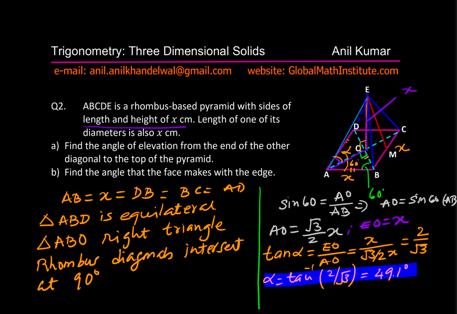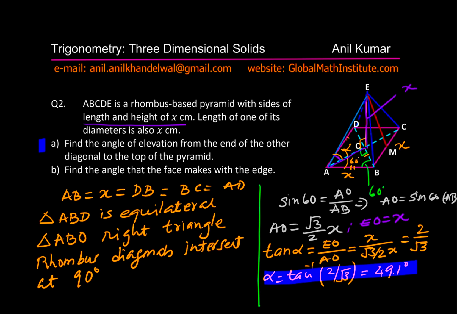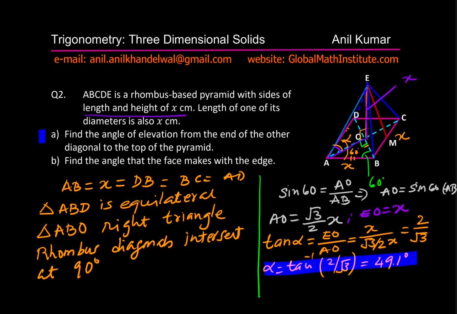Now part B is to find the angle that the face makes with the edge. So this is the face which we'll talk about, ABC. We'll again take the center point, which is M in this case, and that angle beta is what we need to figure out.